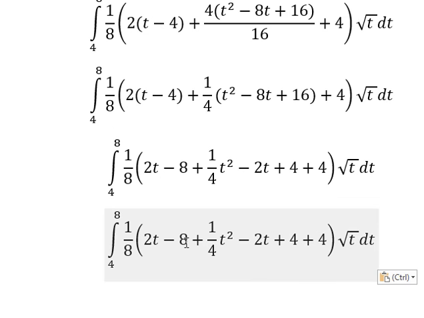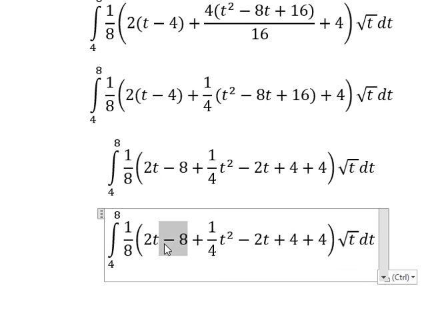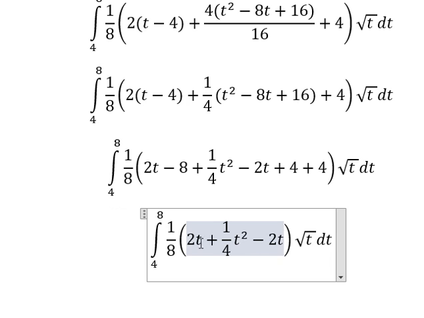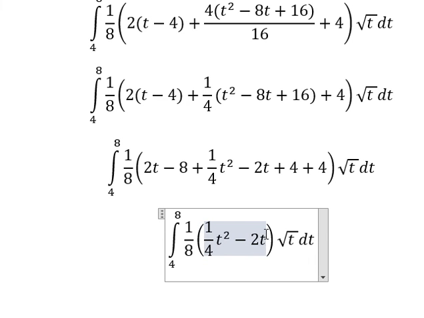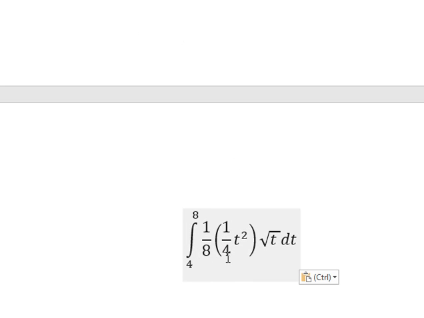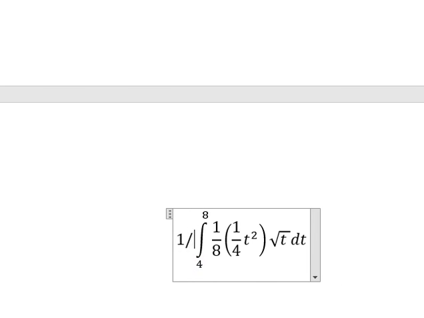So the negative 8 cancels. 2t minus 2t cancels. And now 8 and 4 give us 1 over 32.